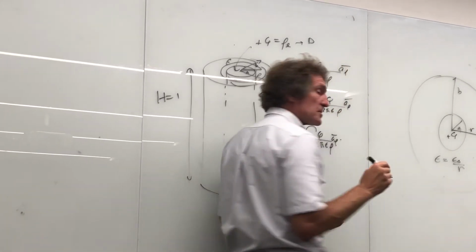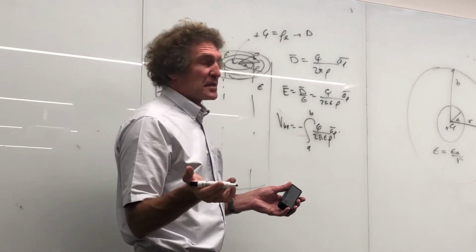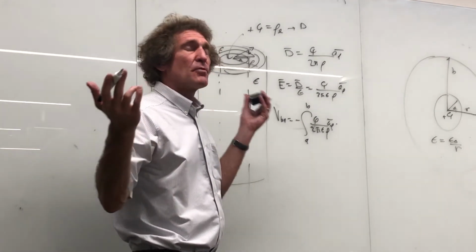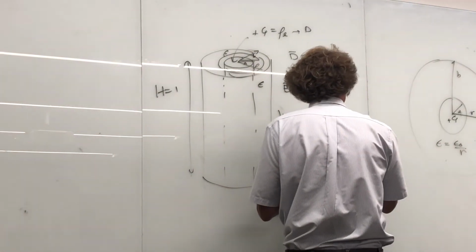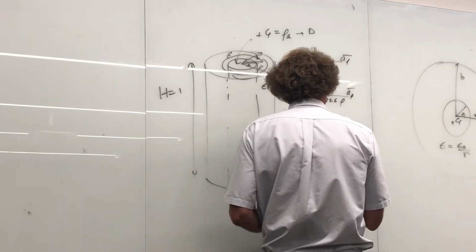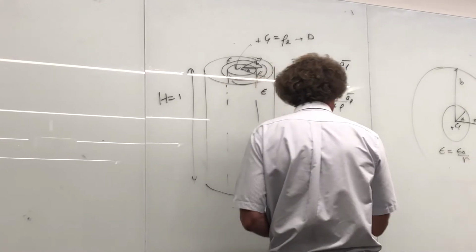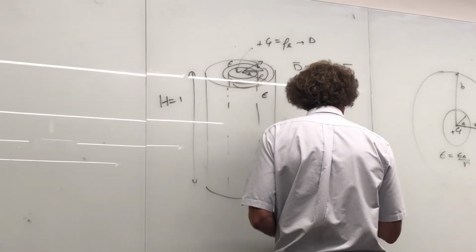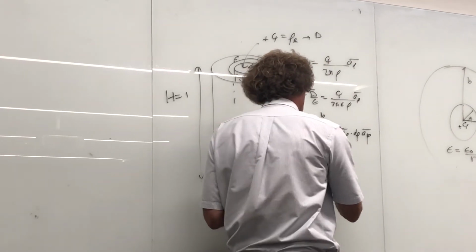And what's dl for this one? It's just d rho, a-rho; I don't need the rho d phi terms. And a-rho dot a-rho is 1, so what is the integral of this? It's going to be Q over 2 pi epsilon.